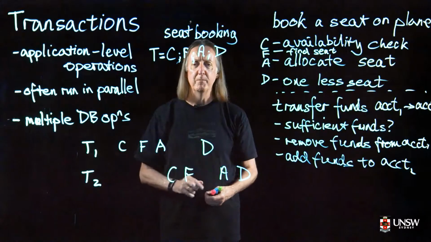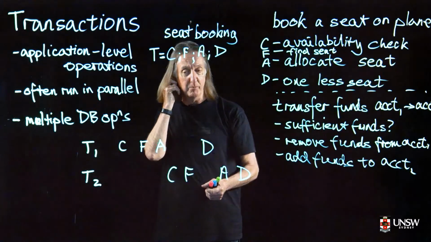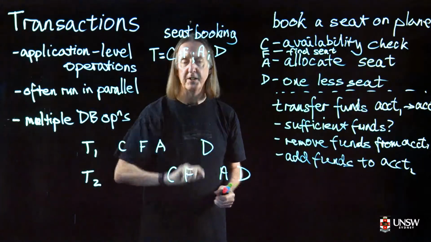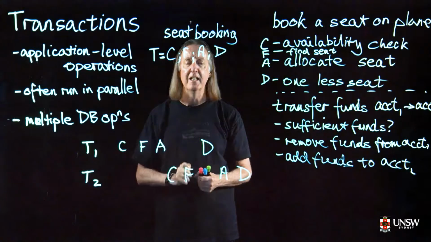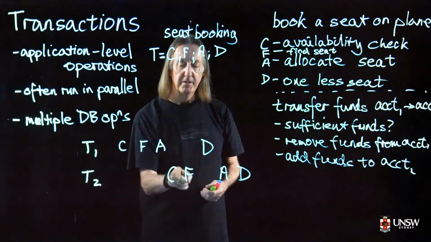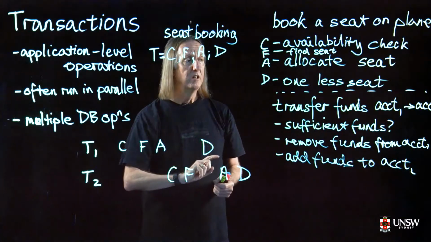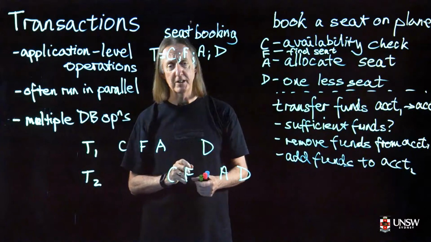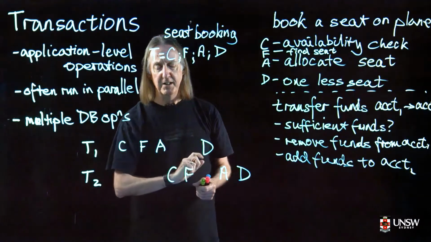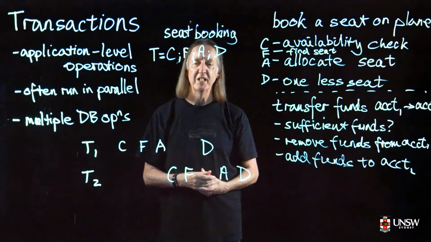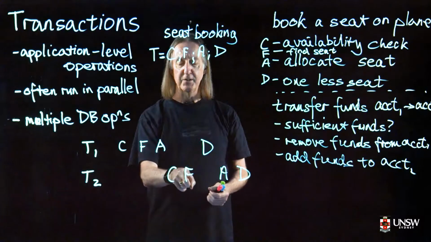Now the only time where there could potentially be a problem here is if this is the last seat, or if we're allocating the last seat. This operation here will be performed before we've indicated that there are no seats left. So this might say, oh, there seems to be 1 seat left, all right? Let's find it.